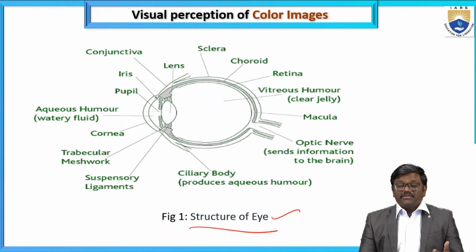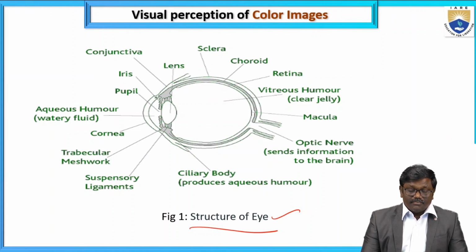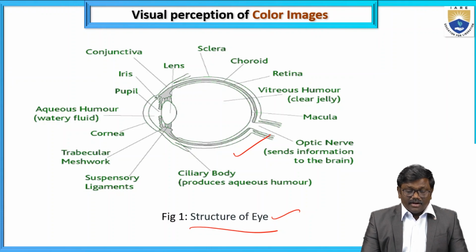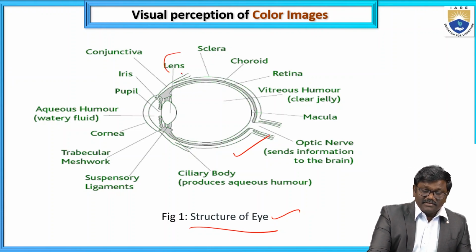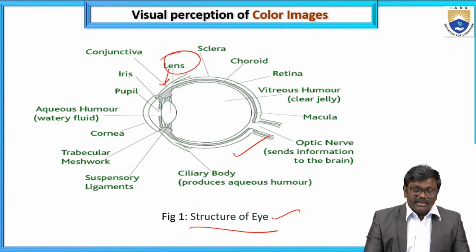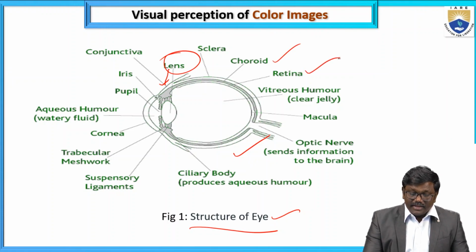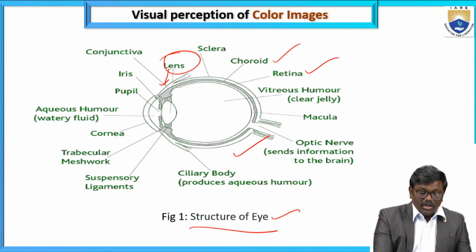You can understand this by seeing the structure of the eye: the lens, how it is connected, and what is important here, the choroid and retina, and also the cornea.